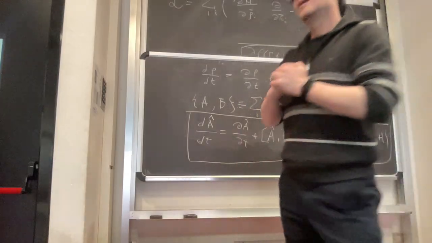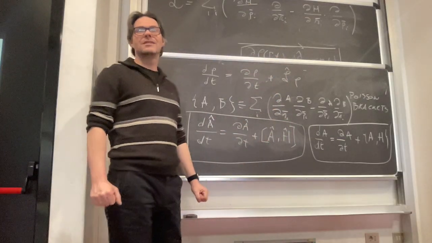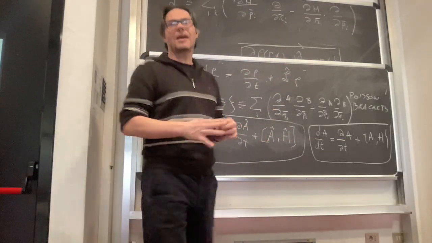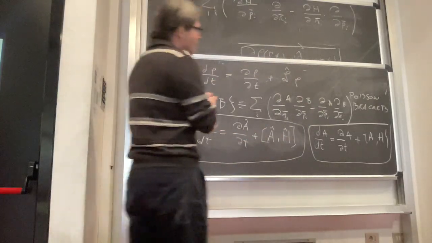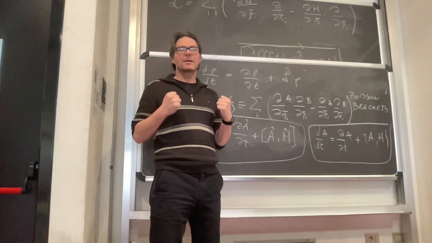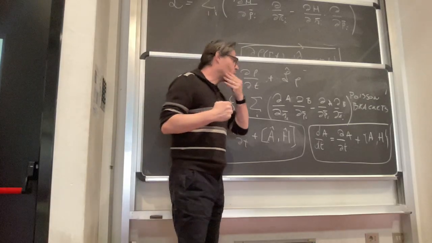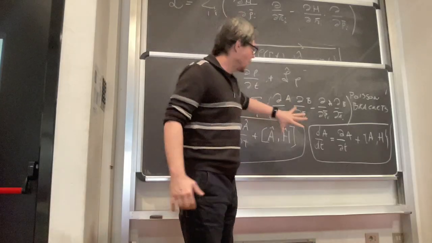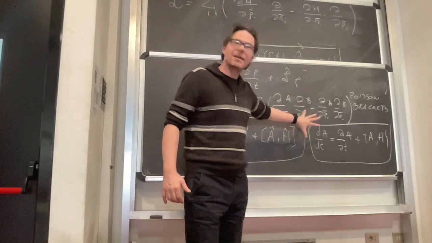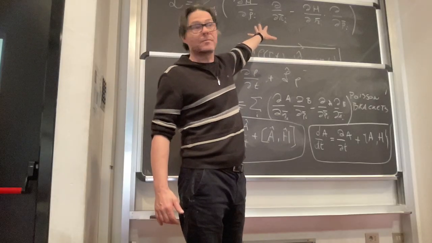Okay. With this huge mathematical digression, not huge, but significant mathematical digression, I'm ready to go back to the problem that I mentioned before. How do we connect a theoretical approach to an experimental approach?